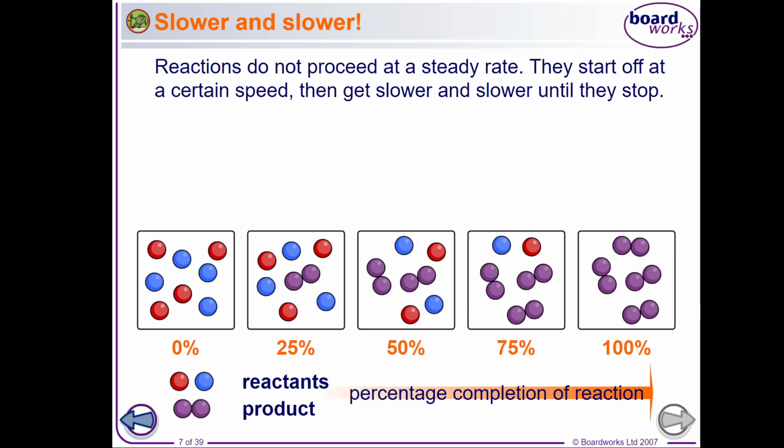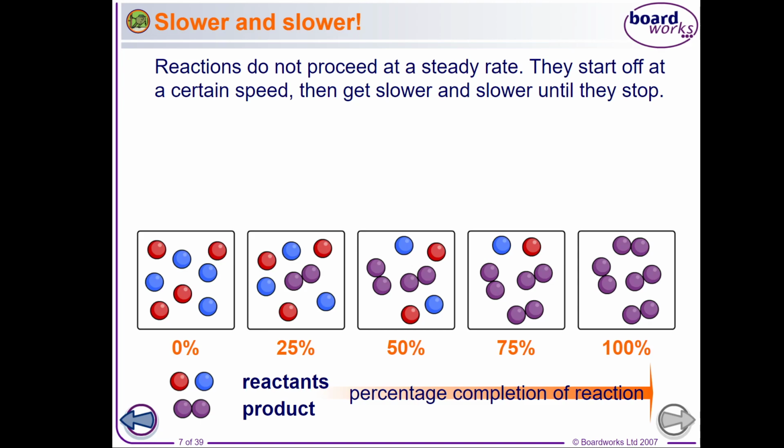Another thing to remember as we go forward is that your rate of reaction will gradually decrease as the reaction goes forward. That should make sense, because as we go forward, we're going to gradually run out of our reactants.